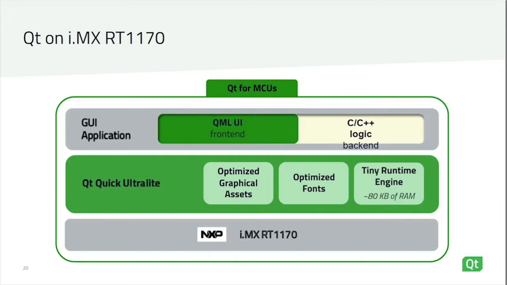And to be able to achieve that, it's also about assets, because typically for graphical applications, assets are what really use most of the memory. So we have tools to optimize all the graphical assets and the fonts so that your application is as small as possible and also as fast as possible. And this product, Qt for MCU, is, as I already said, available fully on the i.MX RT1170.